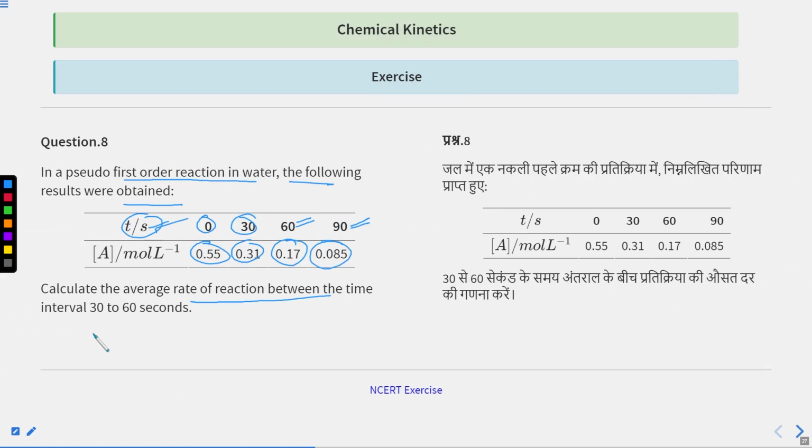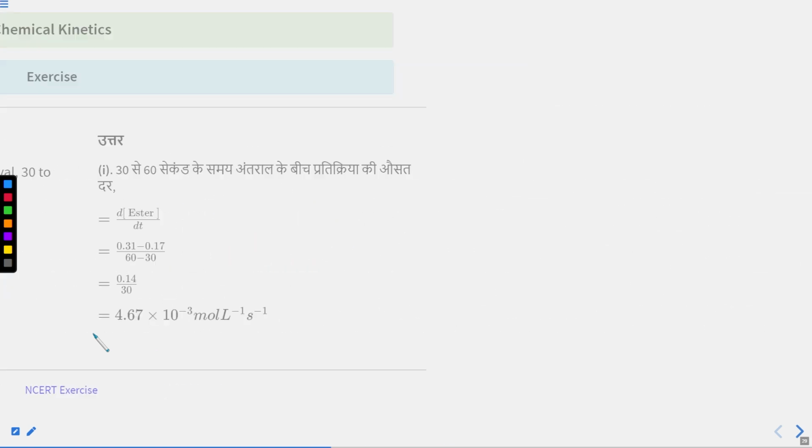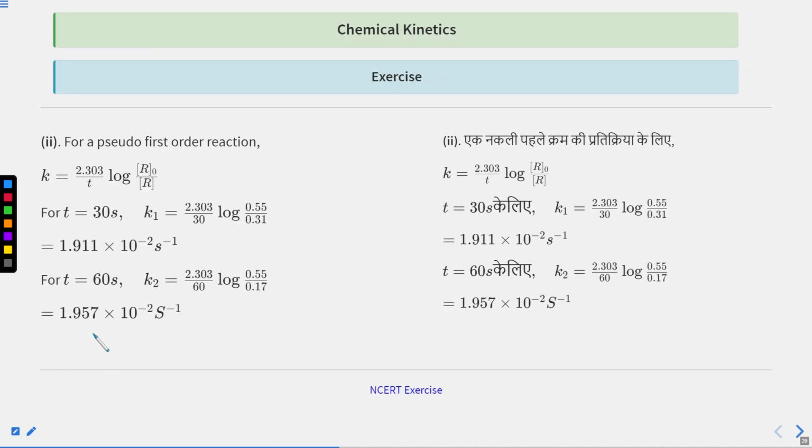We have a second question also, which I think is not mentioned here. What we have to find is the rate constant. How are we doing it? Since it is a first order reaction, although pseudo, it is a first order reaction only, so we take the rate law of the first order.